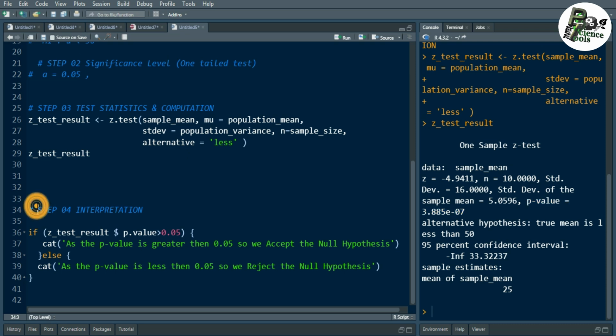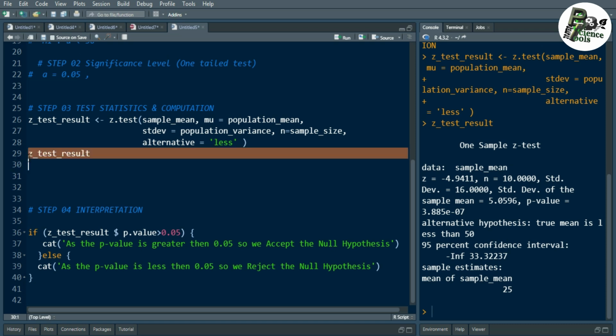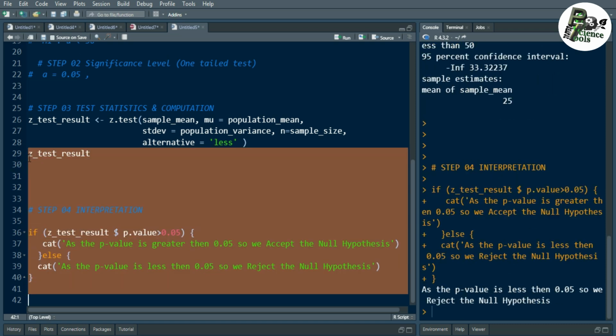For interpretation, we run the code that I have already created. Here you can see the conclusion: as the p value is less than 0.05, we reject the null hypothesis.